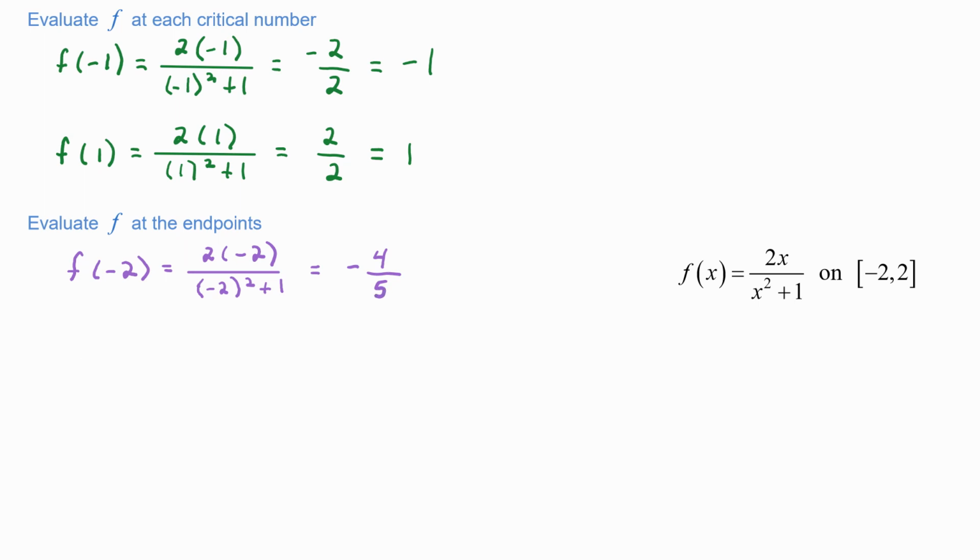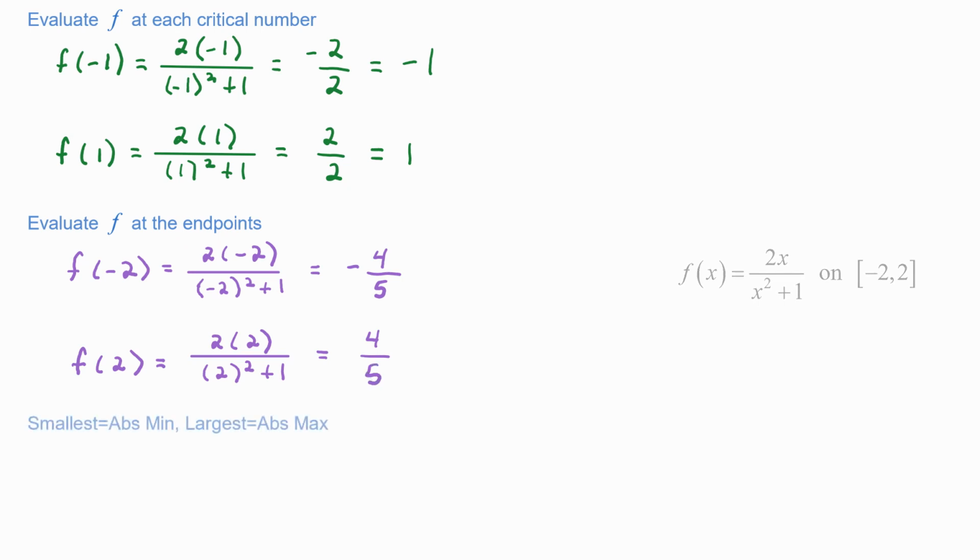And the other endpoint is x equals 2, so we have to do f of 2. We've got 2 times 2 in the numerator over 2 squared plus 1 in the denominator, so that will work out to be +4/5.